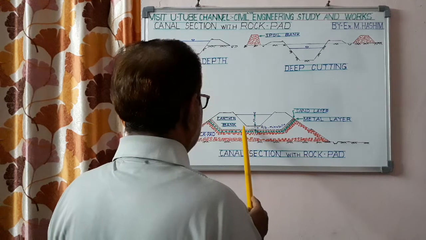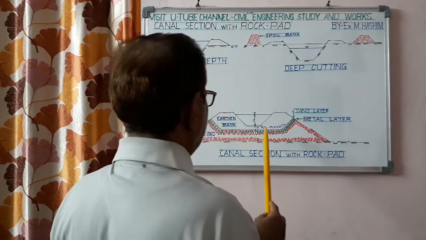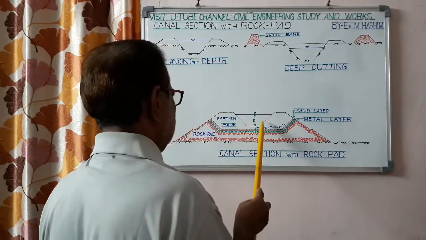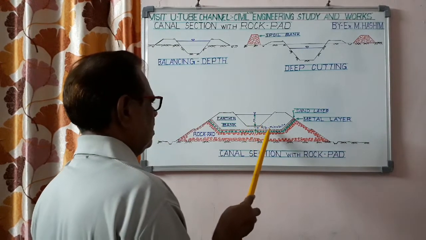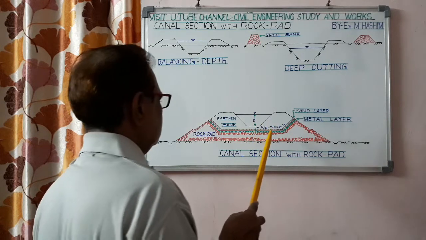If a rock pad is required to be constructed in a minor canal where water depth is about 1 meter or so, then a minimum 30 centimeter of earthen cushion should be provided.